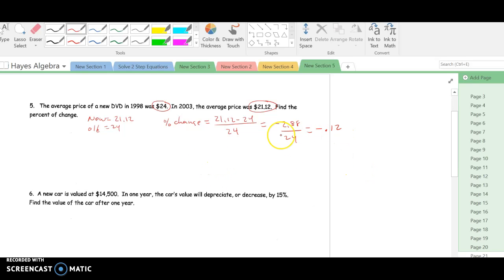But remember, the negative just tells us it's a percent decrease. So what we're going to say is the percent change is 12% decrease in value.